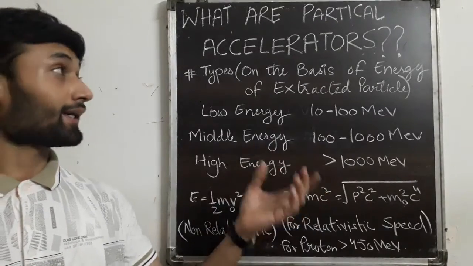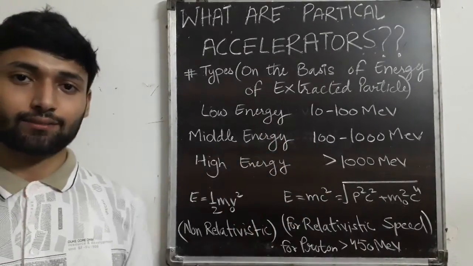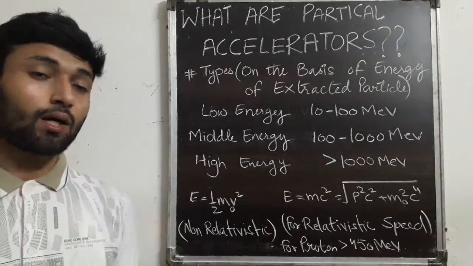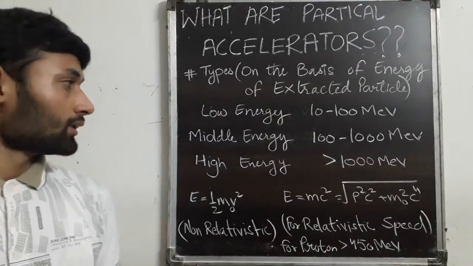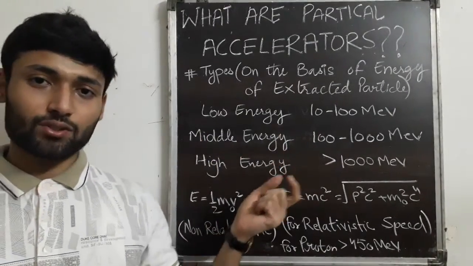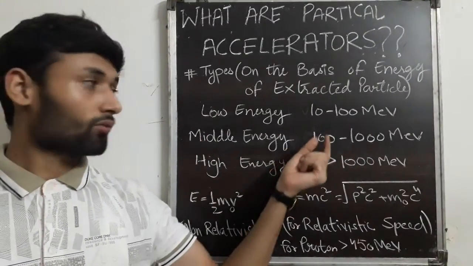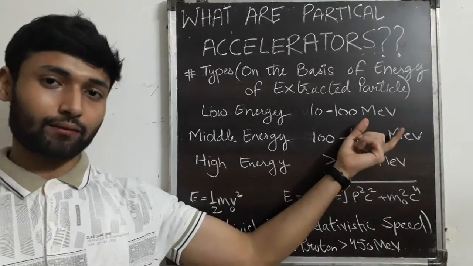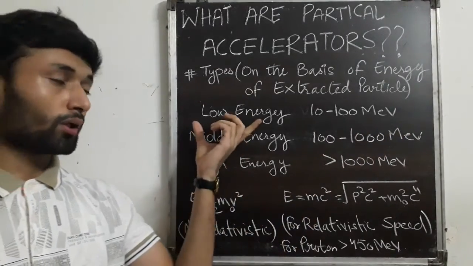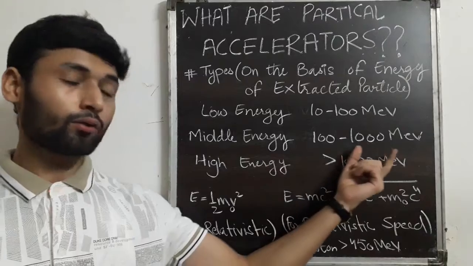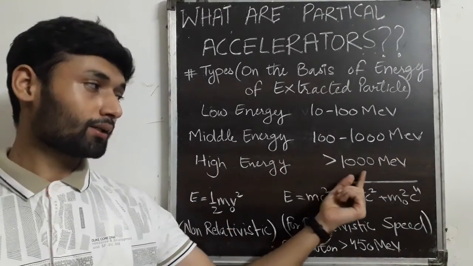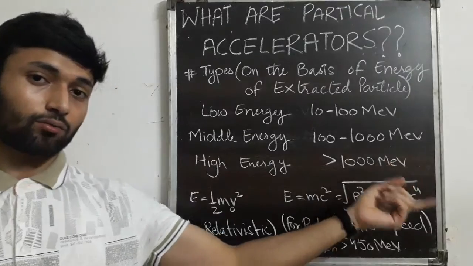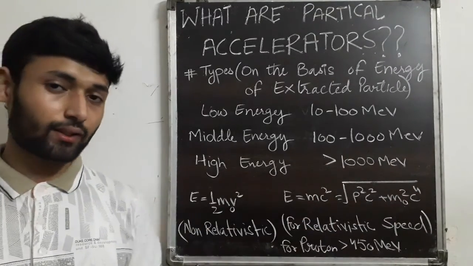There is also another division of particle accelerators on the basis of the energy of the extracted particles. If the energy of the extracted particles is of the order of 10 to 100 million electron volt, then they are said to be low energy accelerators. 100 to 1000 million electron volt, then middle, and if greater than 1000 million electron volt, then high energy accelerators.